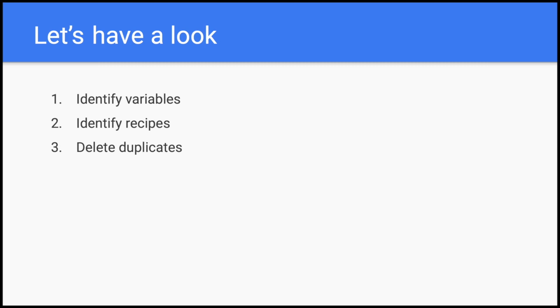And then when you identify the variables and identify the recipes, you go there, you generate all these keywords and then just delete the duplicates. This is not always the case, it's sometimes not happening, but just make sure that you don't have duplicates in the resulting list. It's also very easy to do.